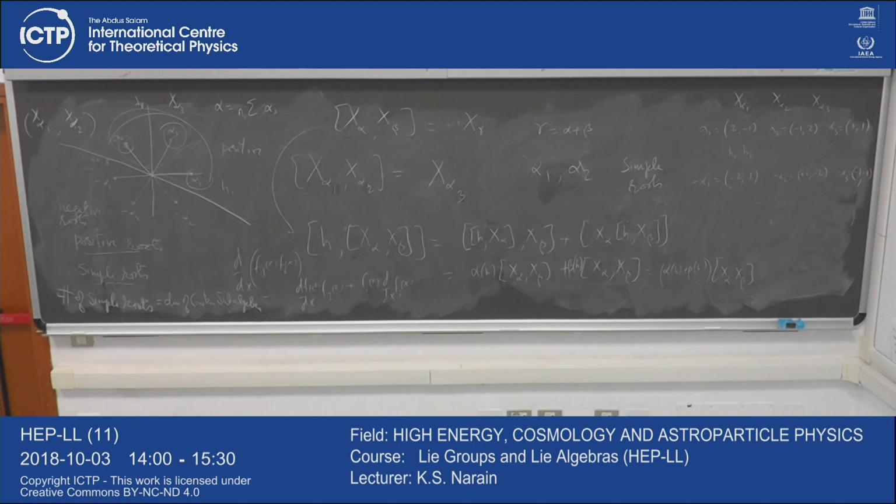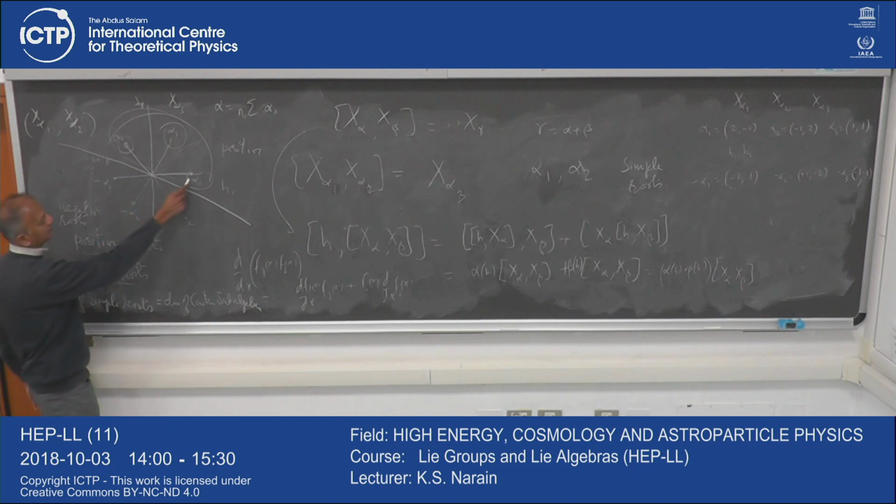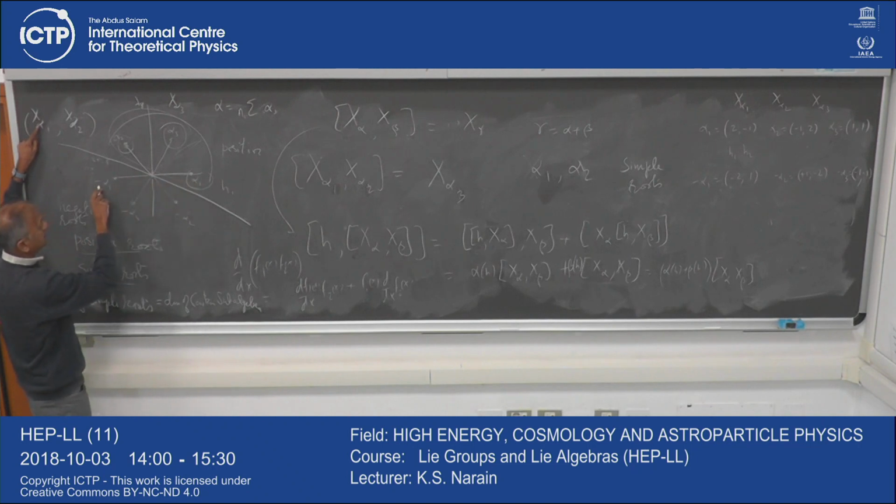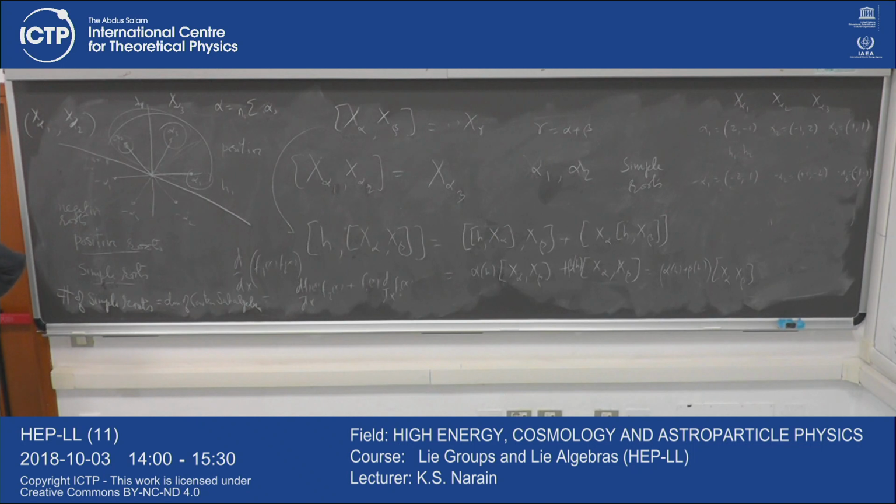Do these positive roots constitute a representation in themselves? No, that will not be. You still have the full algebra. What you do is look at the SU2 subalgebras coming from there. So this one will be x alpha 1, x minus alpha 1, and H1, to slice it into SU2s, like we did.